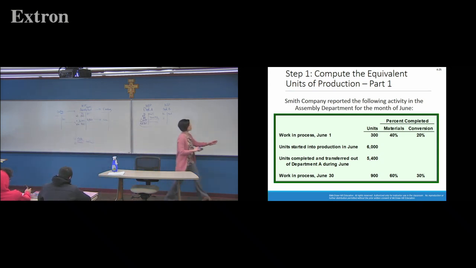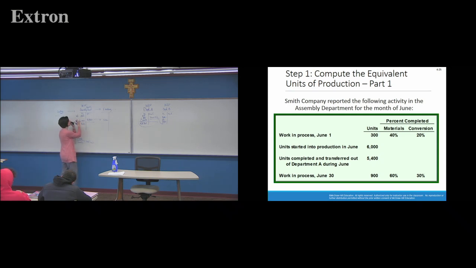So this is really just an explanation. This is just my T account in column form instead of a T account, but you guys know I like T accounts. So over here, let's talk about what this information represents. Anytime we're in a work in process account, it is always a collection of these three costs: materials, labor, and overhead, right? Materials, labor, and overhead together in the cutting department create our unit. Those units move into the assembly department together.